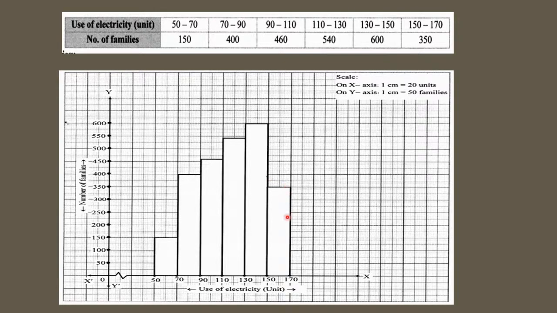The shape of the bar is a rectangle. Keep each bar at equal width. And 0 to 50, no observation is there, therefore you have to put the kink mark between 0 and 50. And on the scale, on the x-axis 1 centimeter is equal to 20 units, and on the y-axis 1 centimeter is equal to 50 families. This is your histogram.